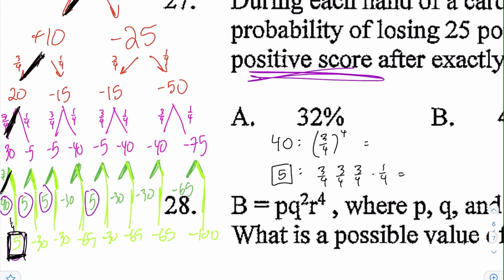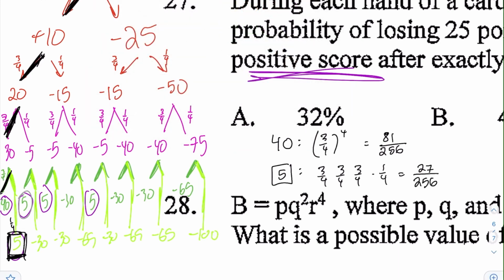So for the 40, that's 3 to the 4th power, or 81, over 4 to the 4th power, which is 256. And then for this first 5, that's 27 over 256.